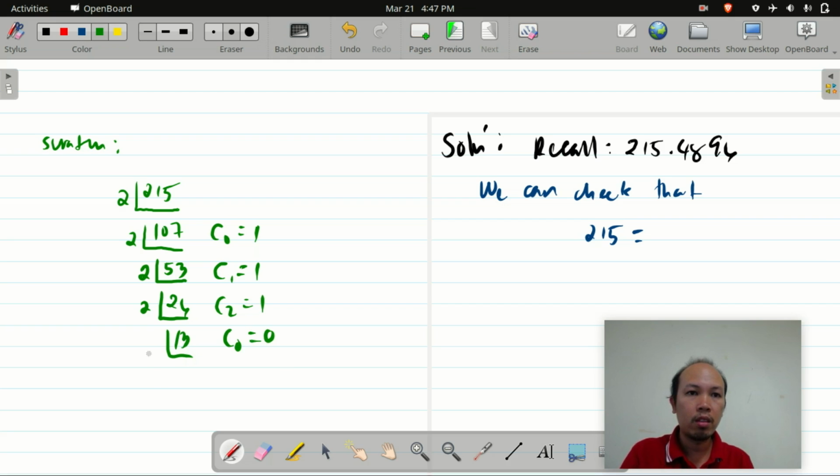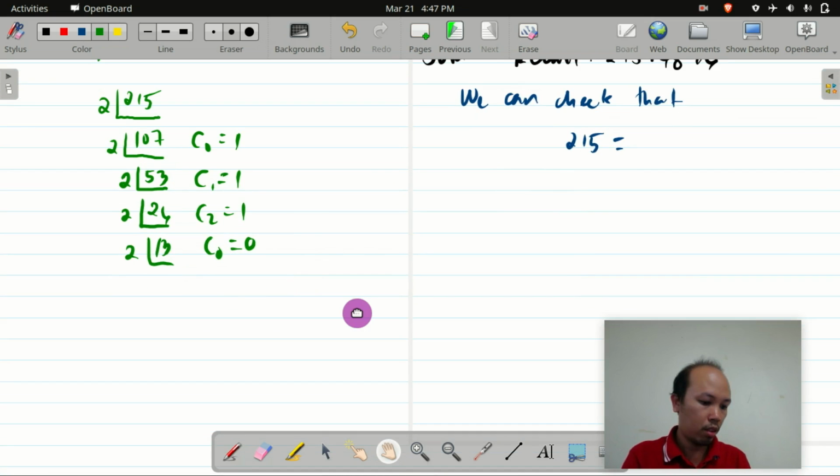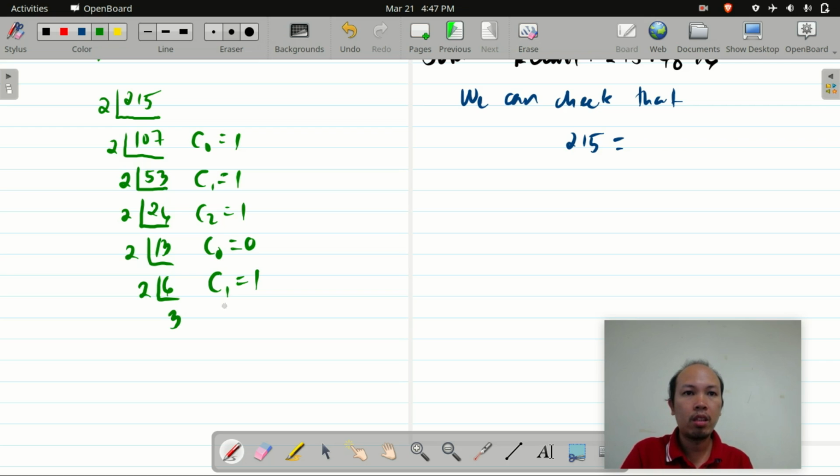Divide by 2 again. 13 divided by 2, the quotient is 6 and the remainder is 1. Divide by 2 again. Sorry, this one is C sub 4, C sub 5, C sub 6.